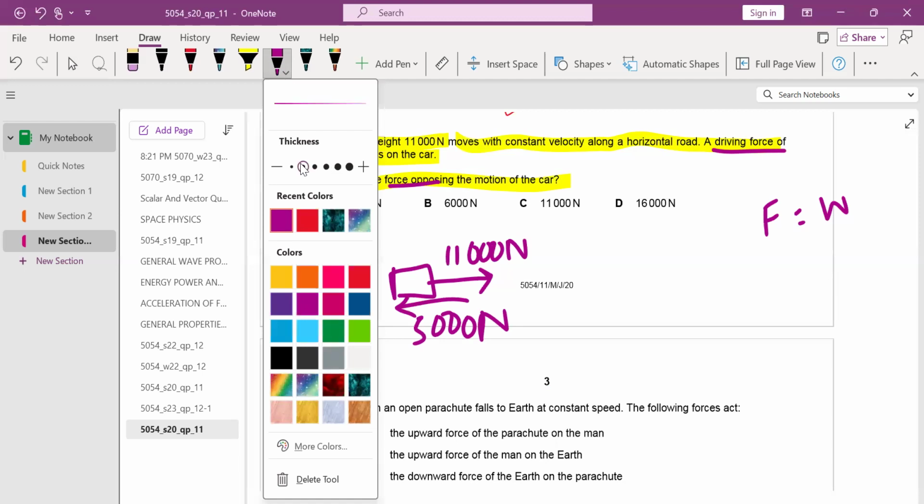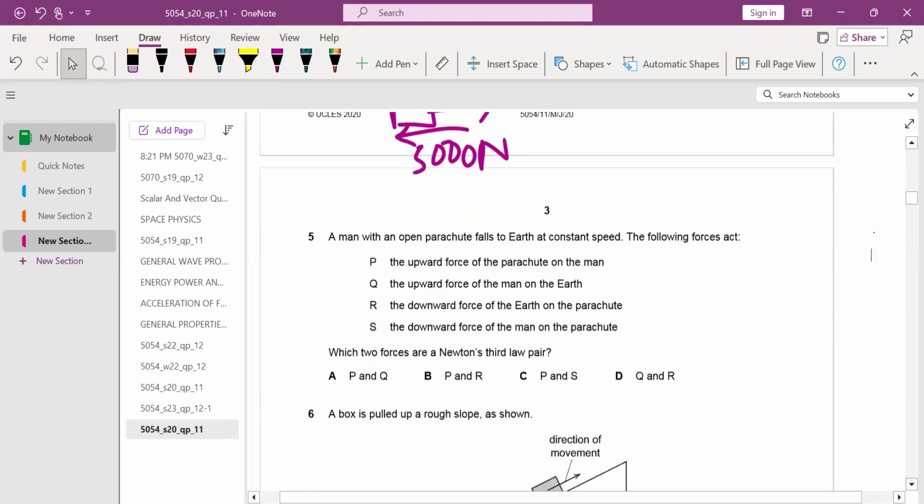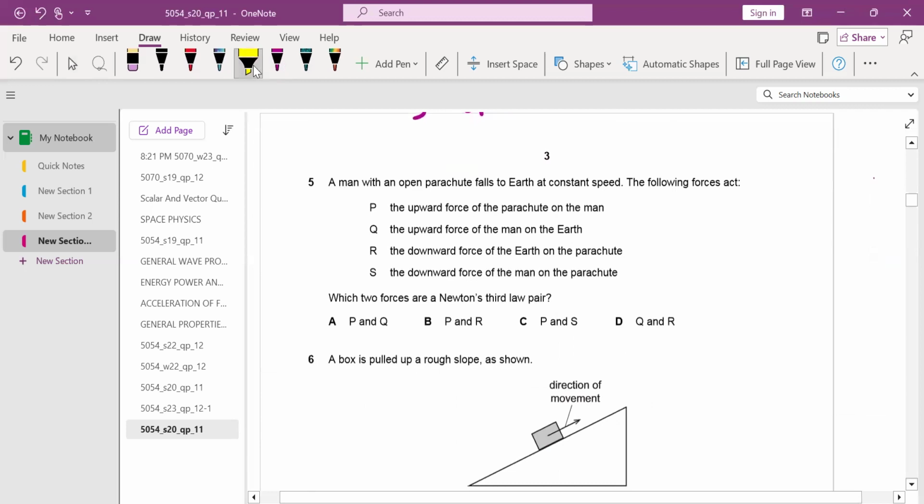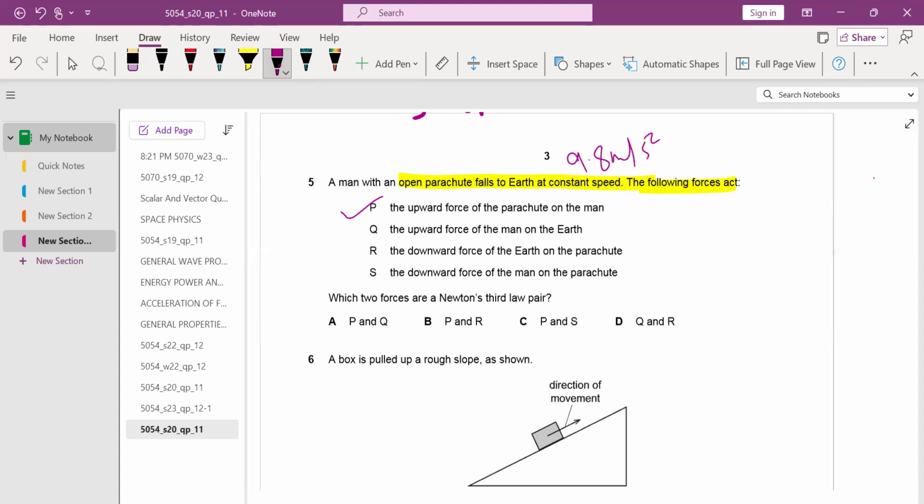Then question number 5. A man with an open parachute falls to the earth at constant speed. The following forces act on it. P is the forward force on the parachute. So this question is related to the acceleration of free fall. When a man is falling with an open parachute at a constant speed, the upward force of the parachute on the man acts.